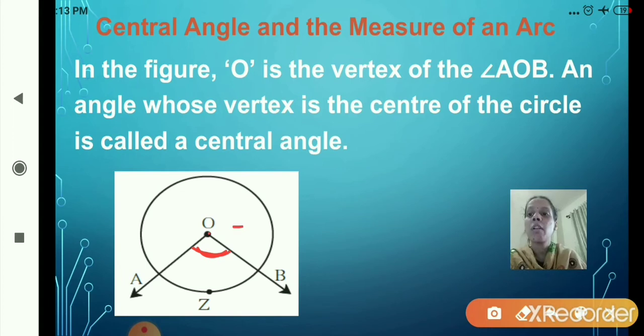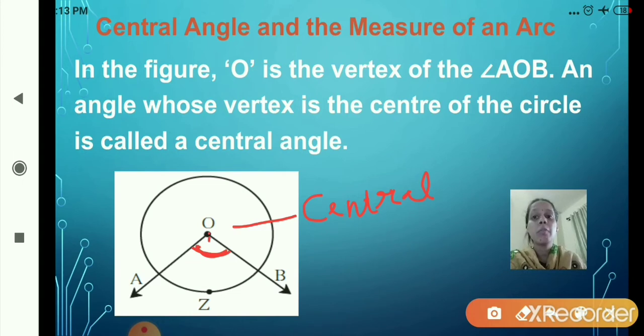So this is called a central angle. Why is this called a central angle? This is a central angle because it is an angle whose vertex is the center of the circle. Here in angle AOB, the vertex of the angle is O, which is the center of the circle. So this is called a central angle.